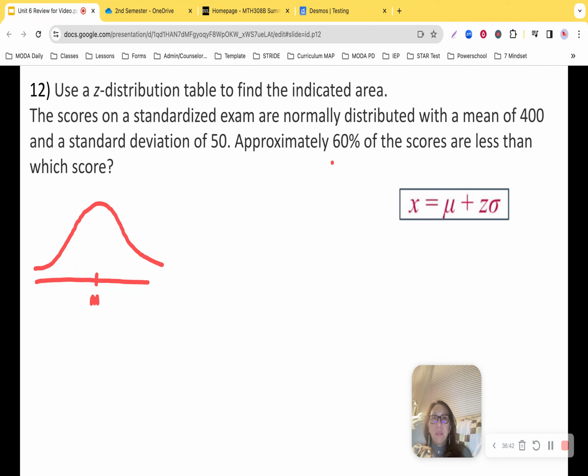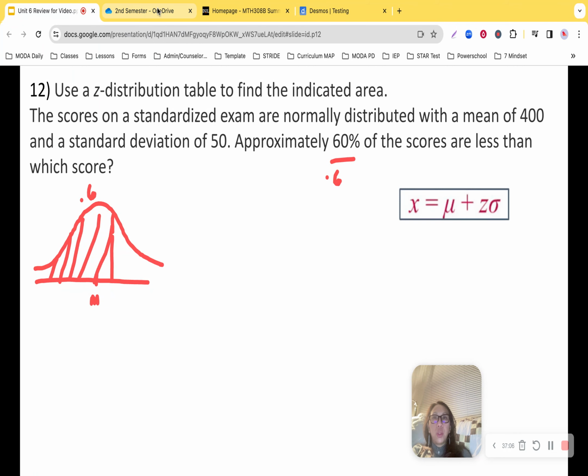So 60%, the area 0.6, has to be somewhere here, just above the mean. So this area right here is 0.6. In order to find the raw score that falls under that area, we need to figure out the z-score first.